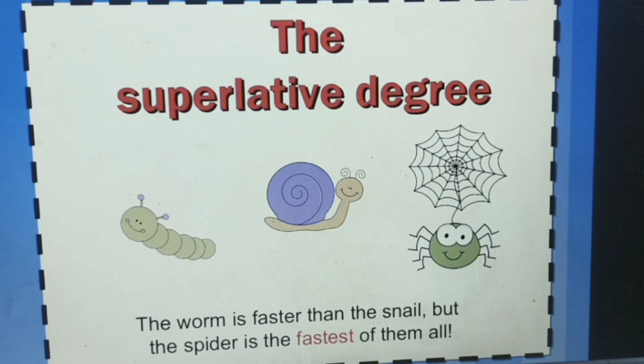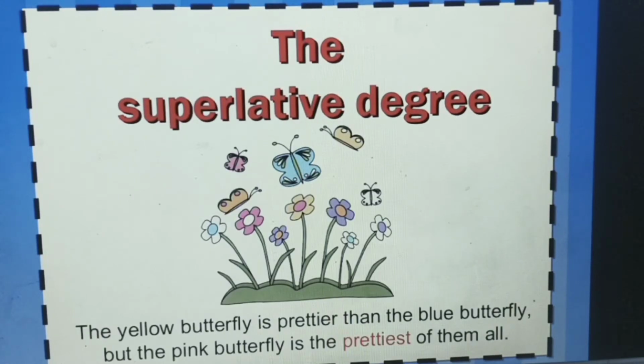The worm is faster than the snail, but the spider is the fastest of them all. The yellow butterfly is prettier than the blue butterfly, but the pink butterfly is the prettiest of them all.